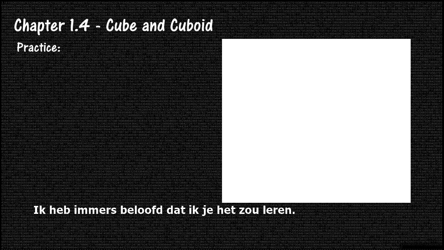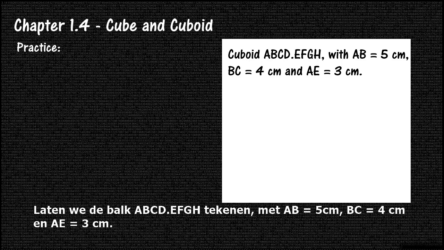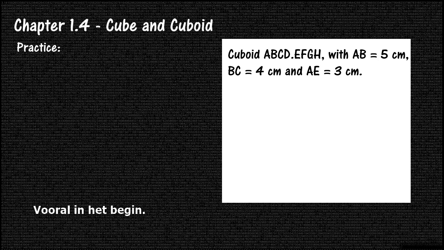I did promise you I would teach you that. Let's make a cuboid ABCD EFGH with AB equal to 5 centimeters, BC equal to 4 centimeters, and EA equal to 3 centimeters. If you have to make a cuboid to actual size, it would be best to start with a sketch, especially in the beginning. It's not mandatory, but hey, no harm, no foul.